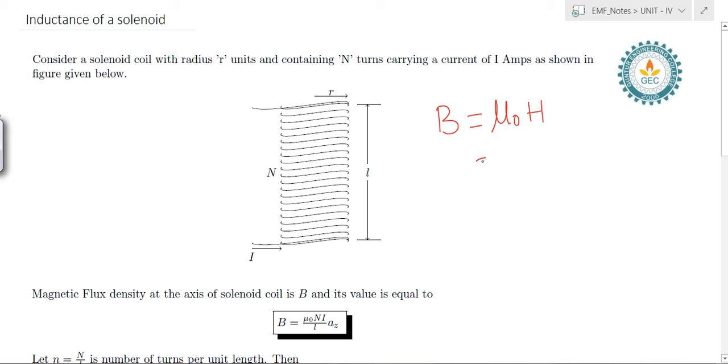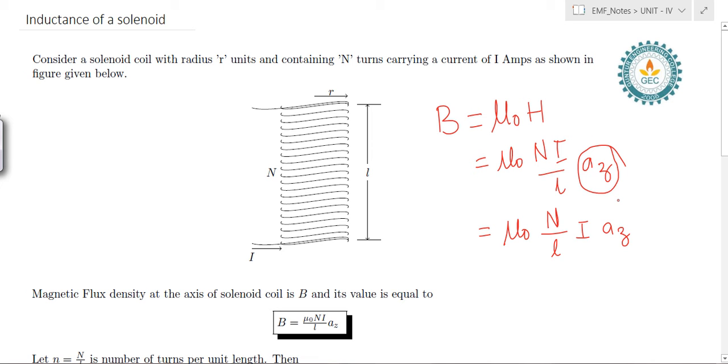So for a solenoid, the value of H is equal to N into I by L into a_z, where a_z is the direction of magnetic field intensity. So that here B is mu naught into N by L into I a_z.